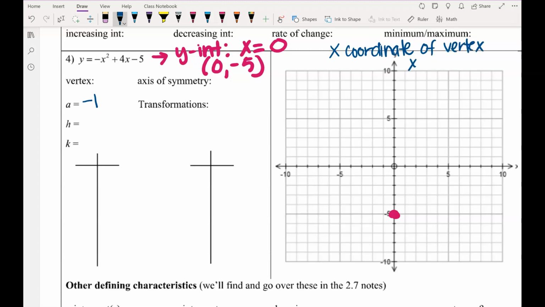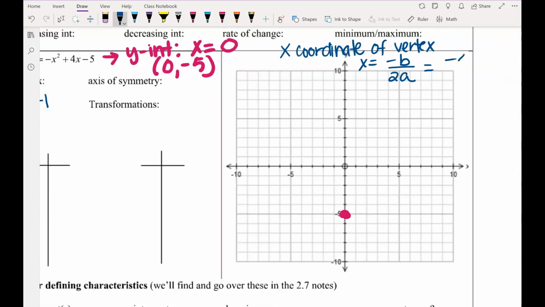Right. So -b divided by 2 times a. Look at our equation really quickly. Annalise, what is the b value of our example 4? 4, so we're going to do opposite of that.